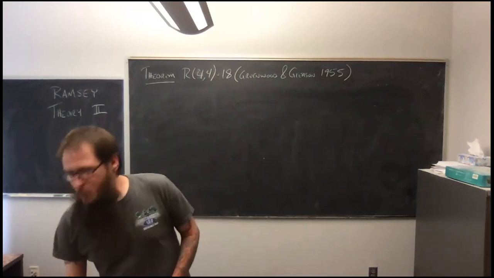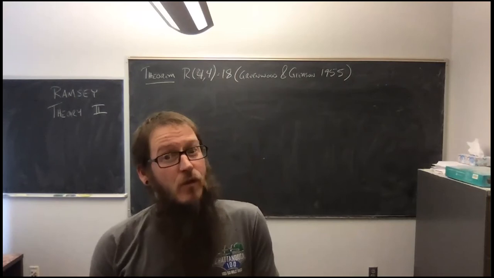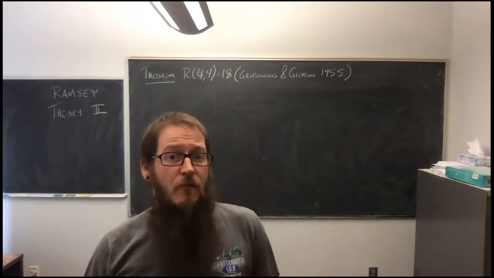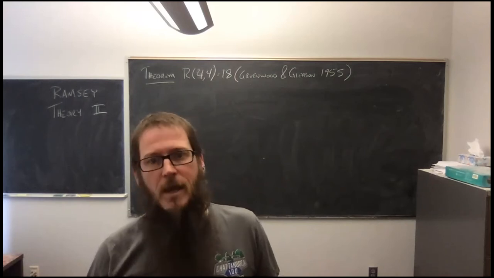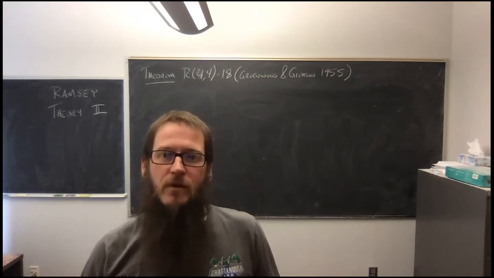Now, hopefully at this point you're starting to see some of the difficulty in coming up with these lower bounds. Even our graph that we used to show the lower bound for R of 3, 4 was much more complicated than the case of K5 that we had used to show for R of 3, 3.